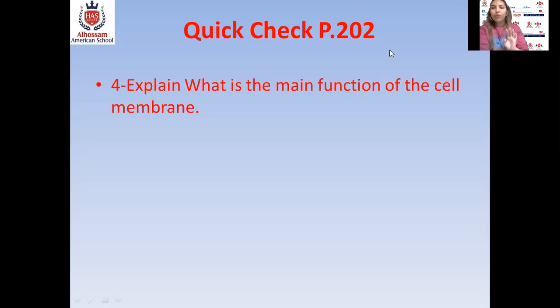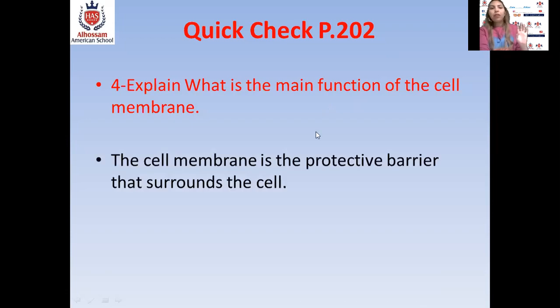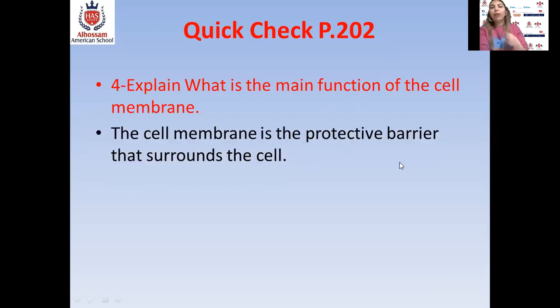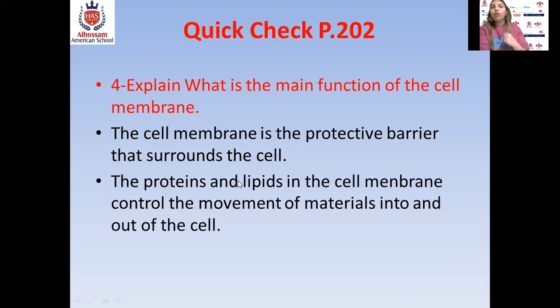Okay, so let's complete. Here the cell membrane is the protective barrier that surrounds the cell and also consists of proteins and lipids which control the movement of materials into and out of the cell. So here, to write the function, you can write the material which forms the plasma membrane, because the proteins and lipids which form the cell membrane control the movement of materials, okay?